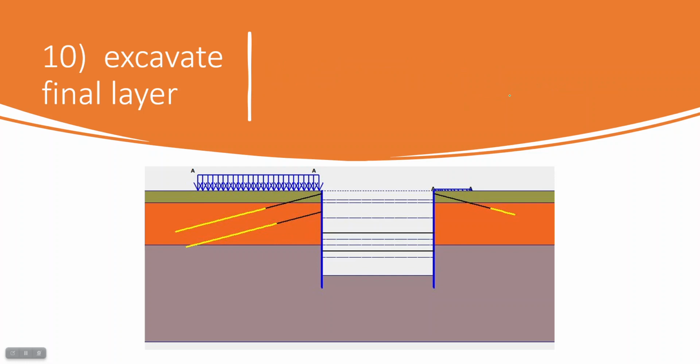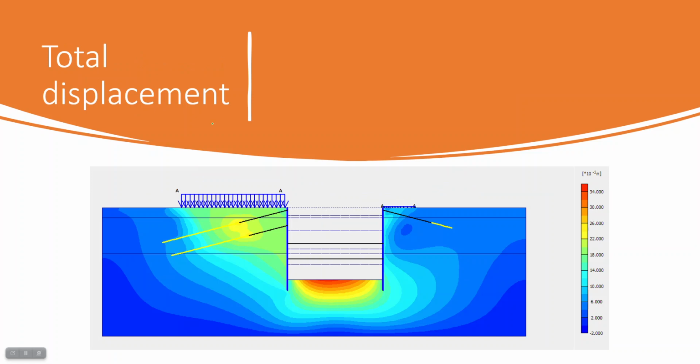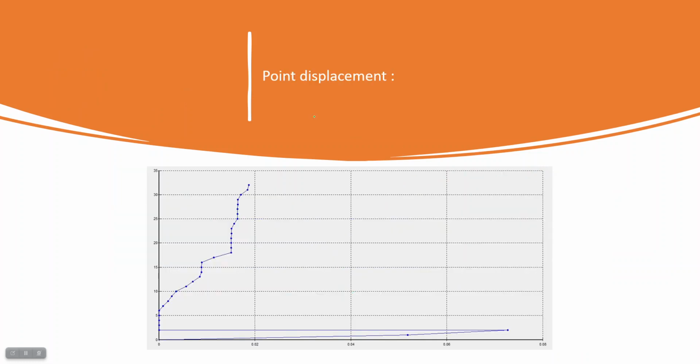Now we are going to check using Plaxis the total displacement. The largest one is 34 times 10 to the negative 3 meter, which is 34 millimeter, which is reasonable at this location. Okay, so this is the point displacement.